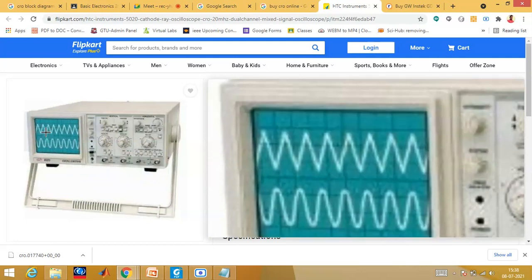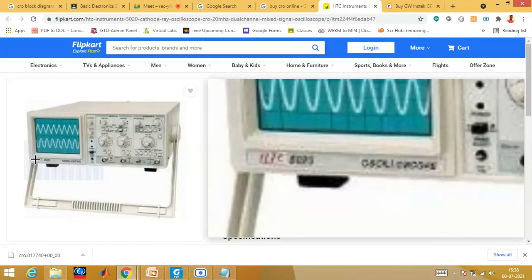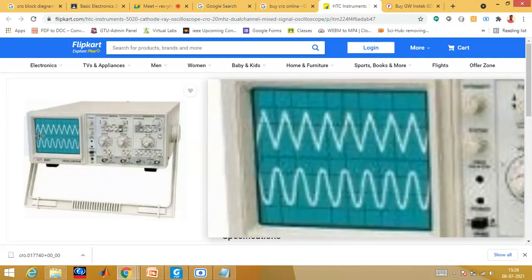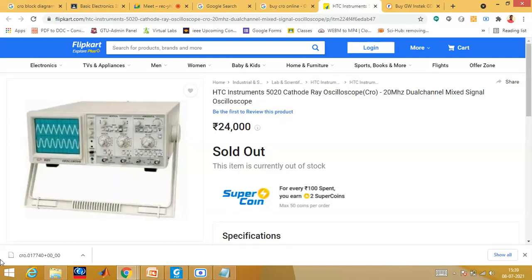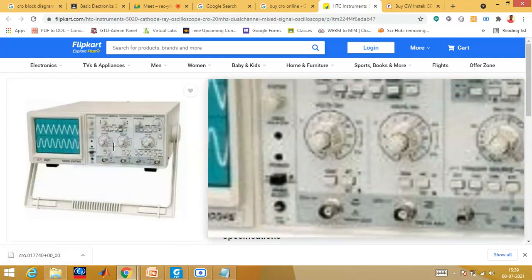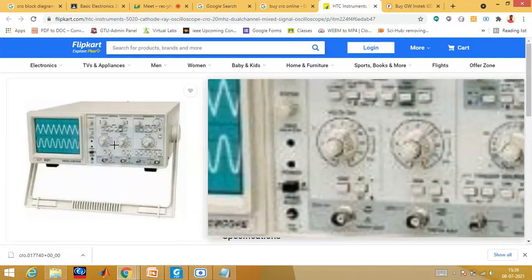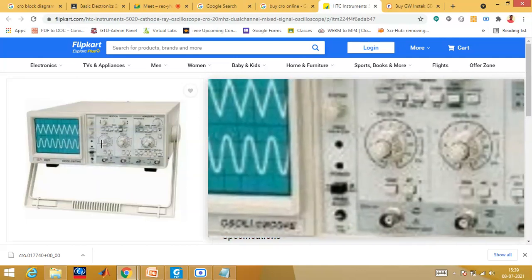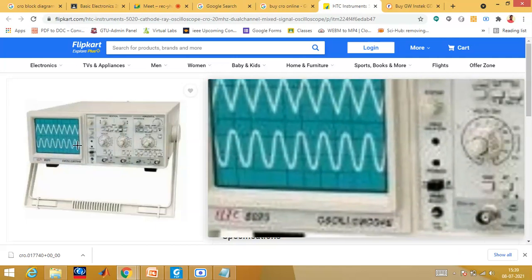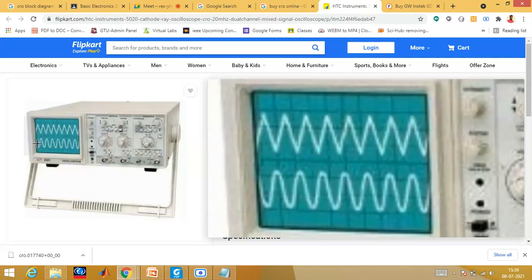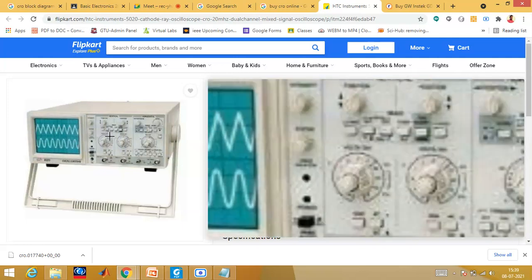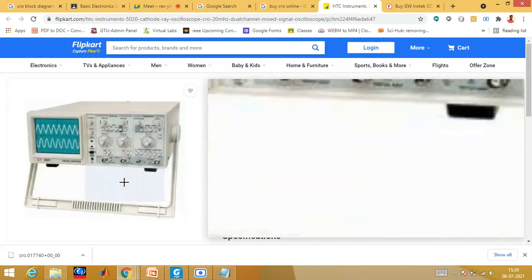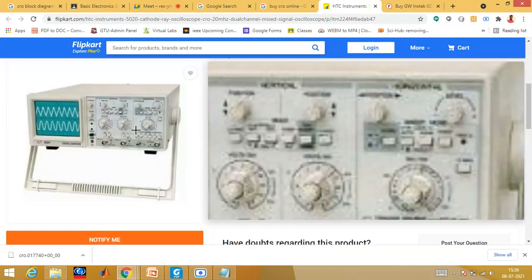This is the screen where you will have the x axis and y axis, and you will analyze your signal. These two buttons here are for two channels. As two signals are coming, one knob will control this signal and another knob will control that signal horizontally, not vertically. Then you will have the different buttons. It's not getting clear, otherwise it would be easy to show you.